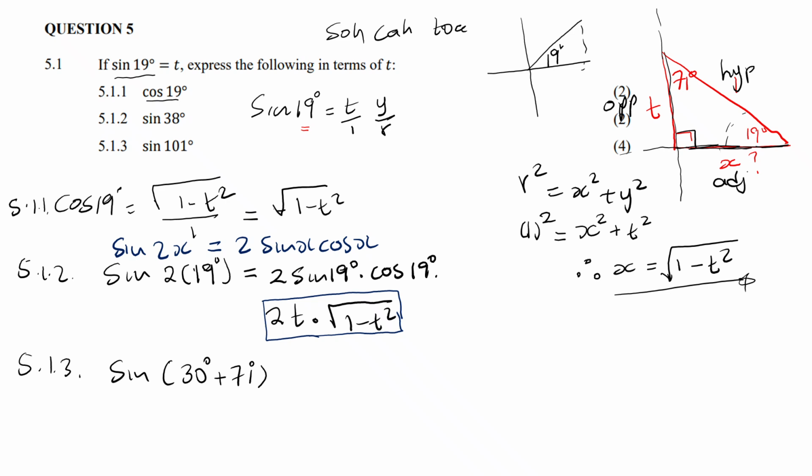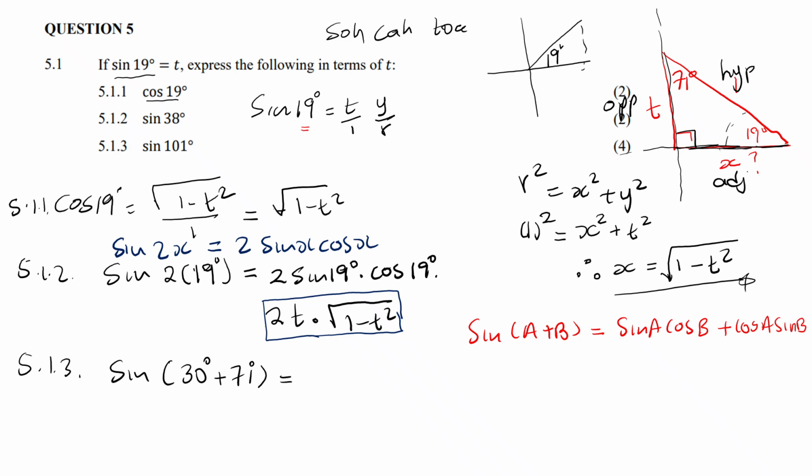So when you go to your formulas, you'll definitely find something like saying the sine of A plus B equals the sine A, the cos B, and then we add the cos A, the sine B. Okay, so this is the rule that I'm going to use.